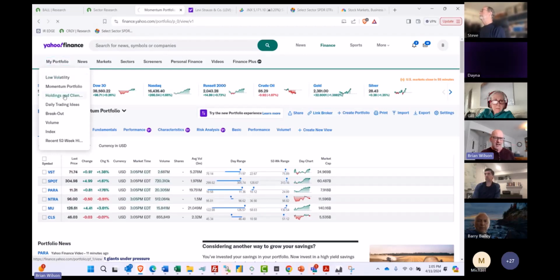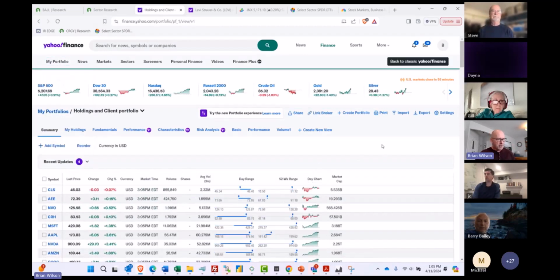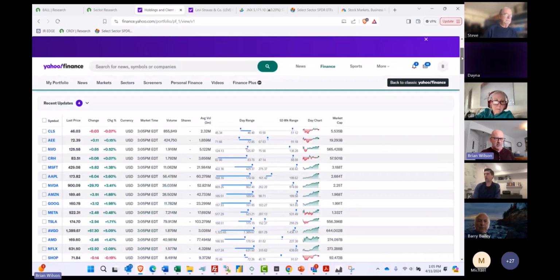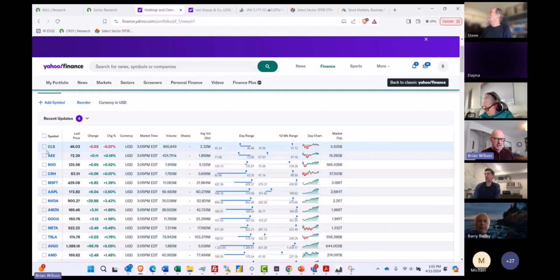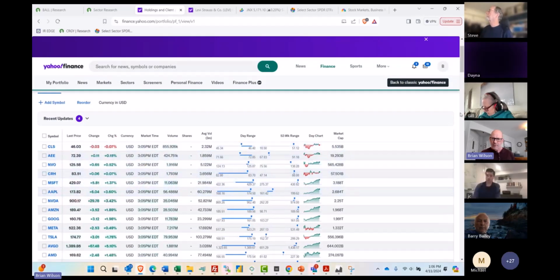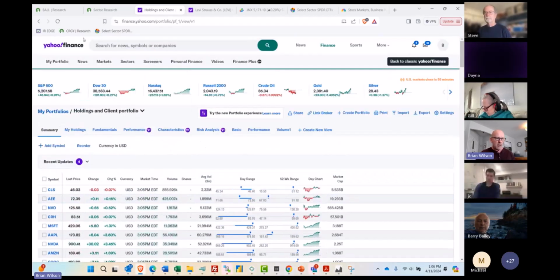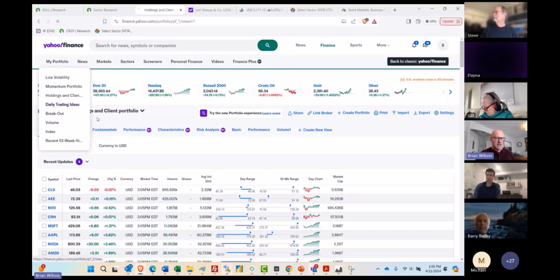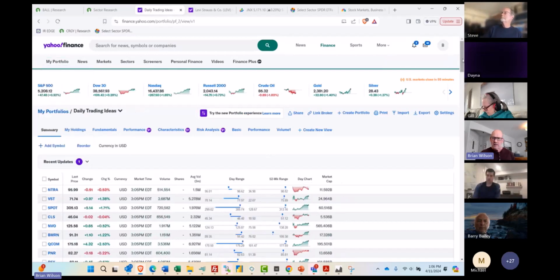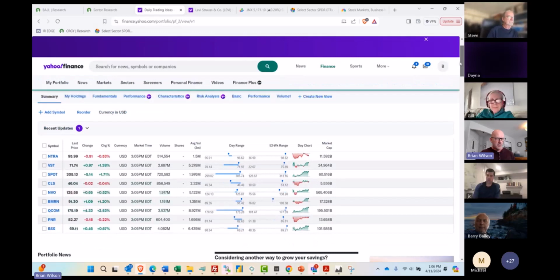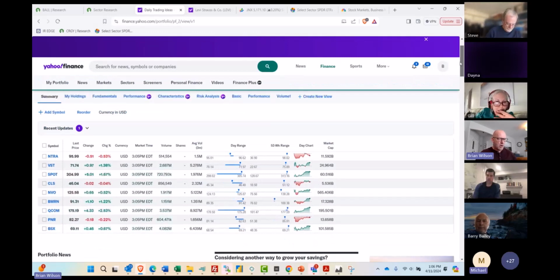And then my usual rule is 90% or above. And those are the names that you see right here at the top of this chart. And down below, I'm tracking, excuse me, I got the wrong one there. Here's the daily trading ideas. So those are the ones from today that were basically 90% or above.